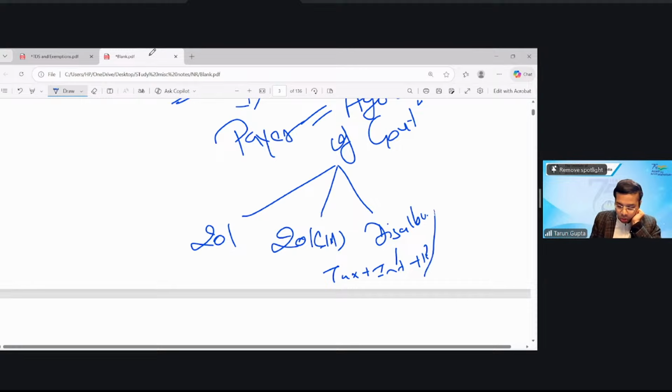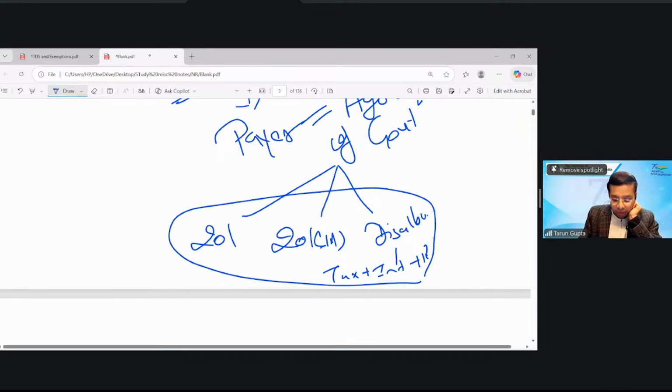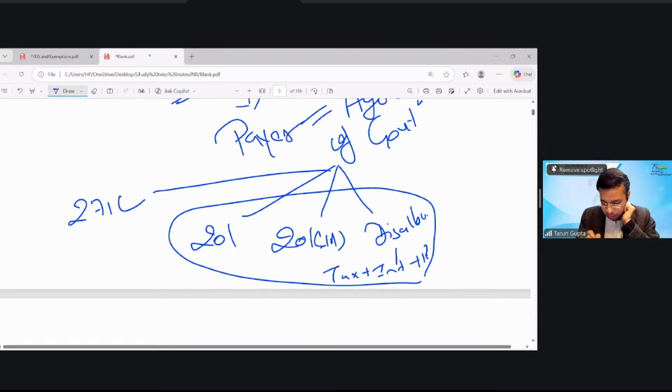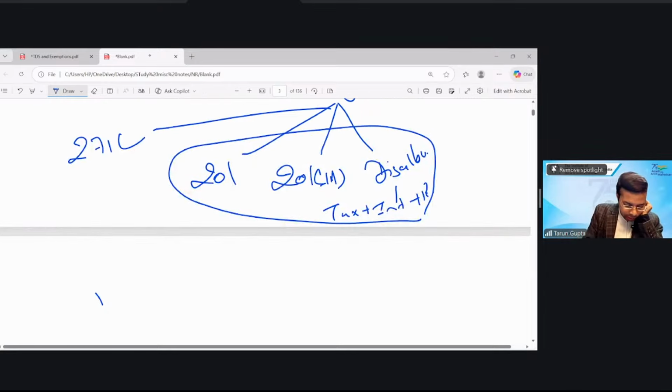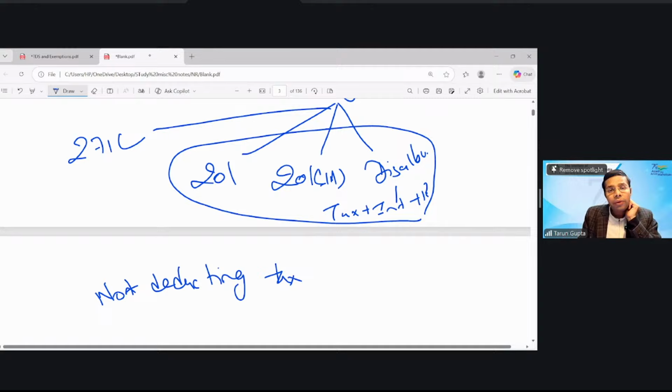These are all the consequences I face, and then there's a penalty as well under section 271C for non-deduction of TDS. All these consequences I face for not deducting tax, which is not even my responsibility.